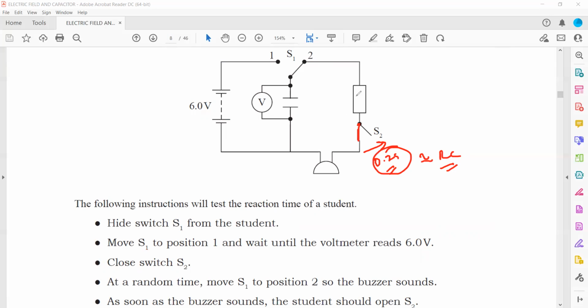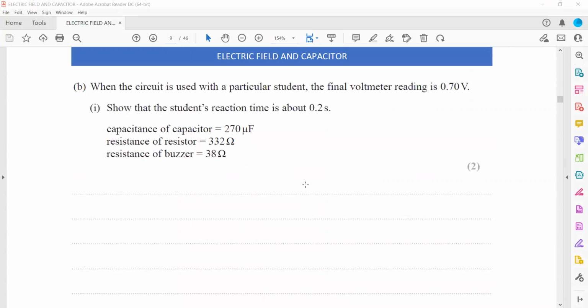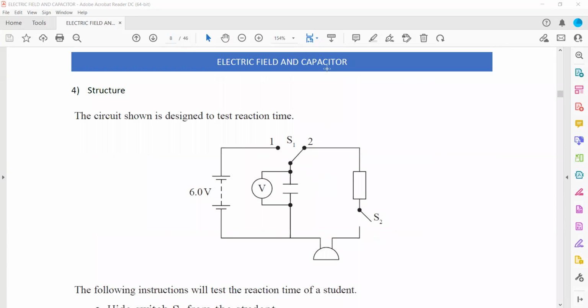Because if the value of the capacitance and the resistance is so high, maybe the capacitor will not discharge in this 0.2 second. And if the value of RC is too low, then the capacitor might discharge completely. So the product of RC should be approximately equal to 0.2 second, approximately equal to the reaction time. So still there is some voltage when the switch is open. Say the student takes 0.2 seconds to move the switch from one position to another.